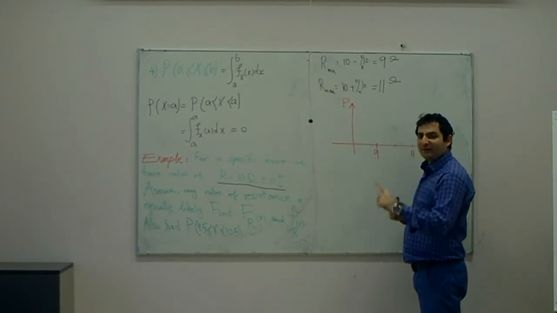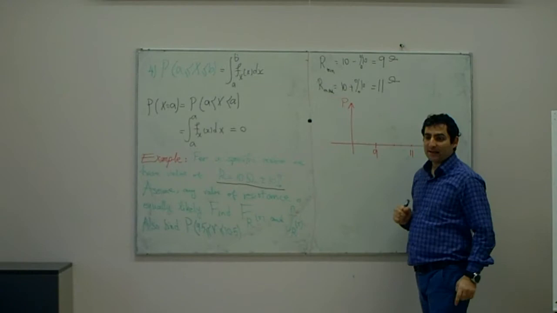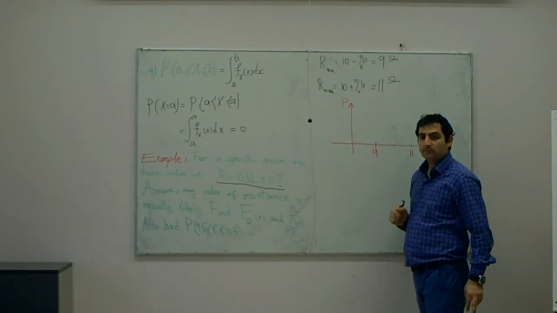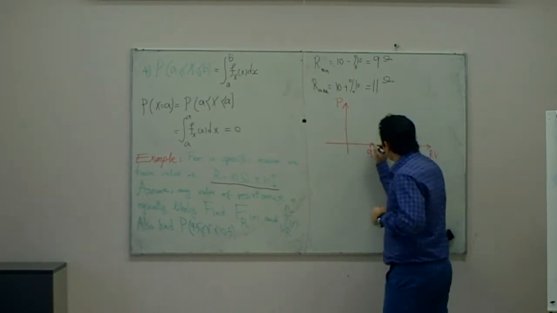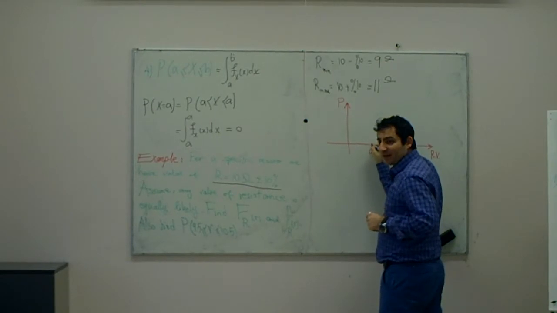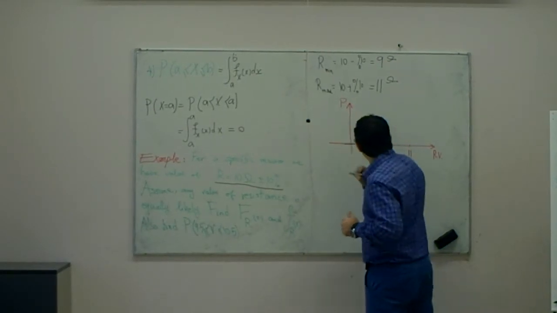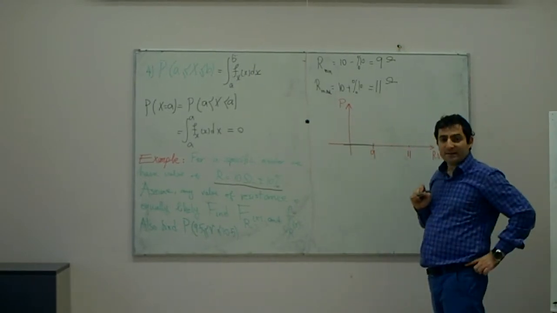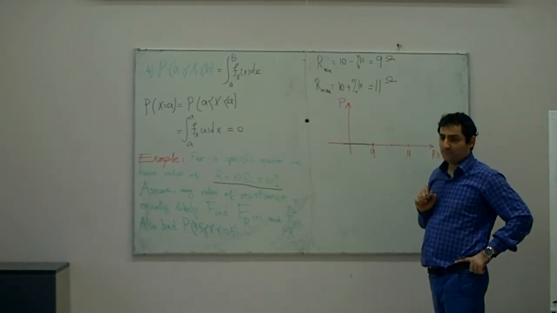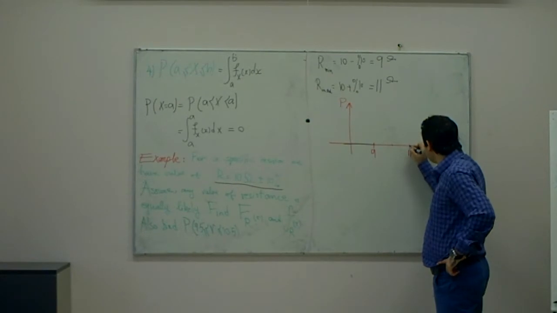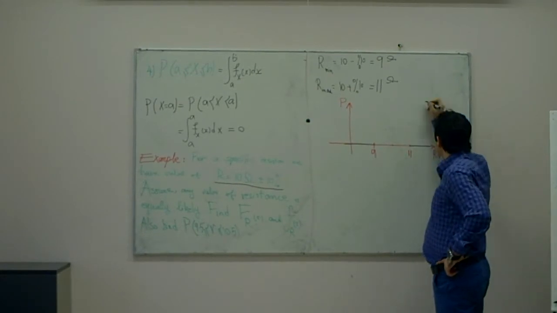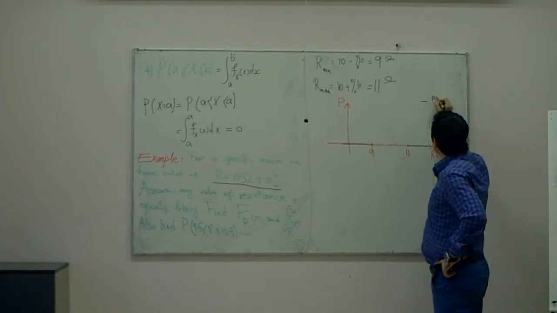Can I have a resistor whose value is less than 9? No. So what is the probability of less than 9? 0. Can I have a resistor whose value is greater than 11? No. So what is the probability? 0. So this is representing my PDF.